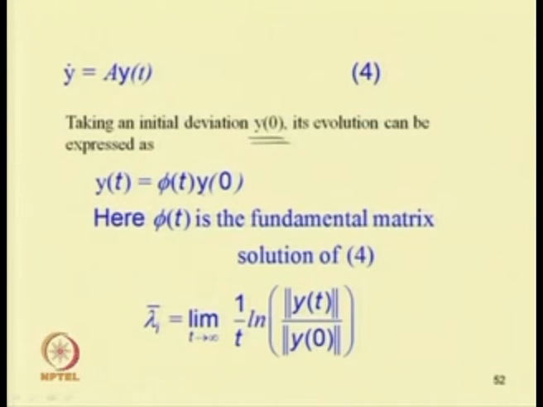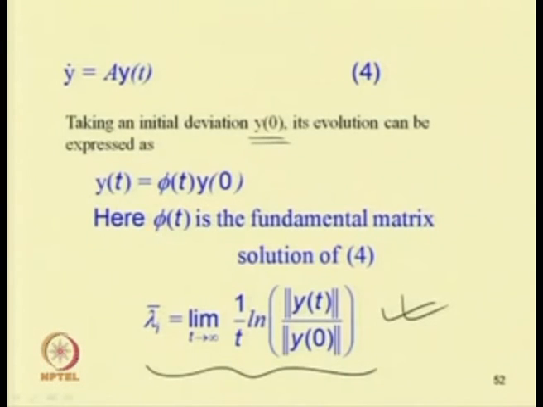Here phi t is known as the fundamental matrix of solution, and in case of a periodic system we can find the monodromy matrix using this phi t. Here the Lyapunov exponent is defined by this expression: lambda i equal to limit t tends to infinity 1 by t ln of y t by y 0.